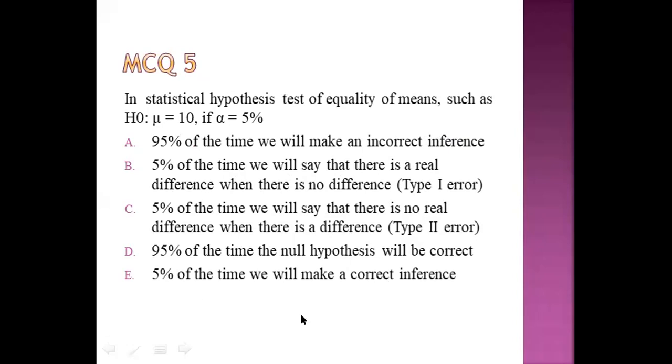B. Yes, the correct answer is B. Because alpha is 5%, and 5% of the time we will say that there is a real difference when there is no difference. It is actually the type 1 error, which is also known as alpha error.